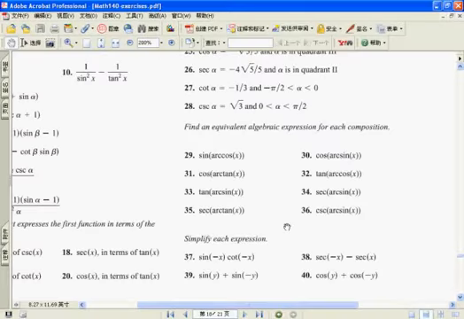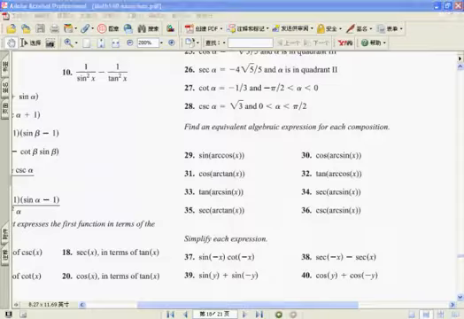Now let's look at one more problem of this type, problem 34 on page 516. We need to evaluate secant of arc sine x.